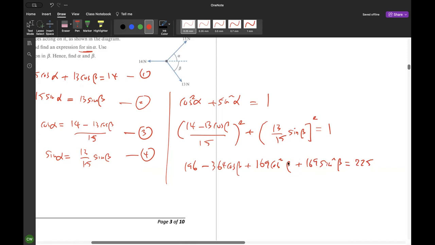This part will become 1. Factorize this and this. It becomes 196 minus 364 cos β plus 169 equals 225.